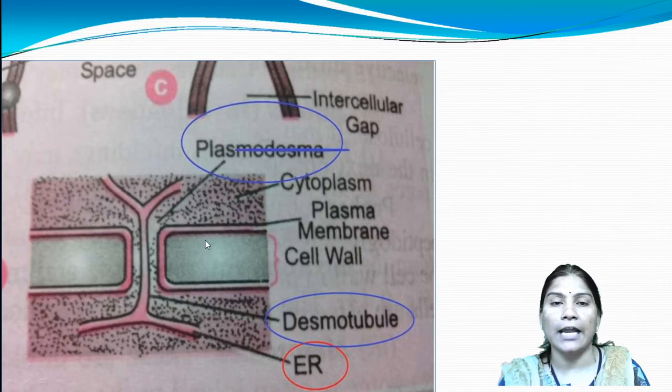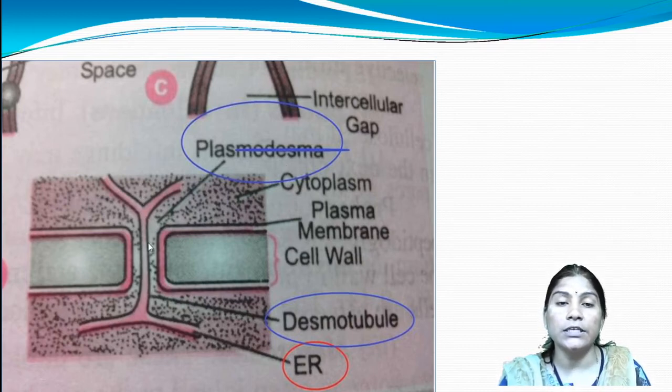So, in this diagram, these are the two cells. When these two cells communicate, or when they are passing some material, the material passes through a special structure called the plasmodesmata, or plasmodesma.